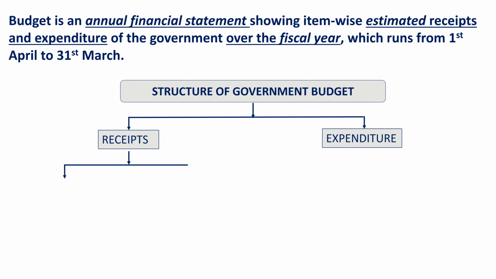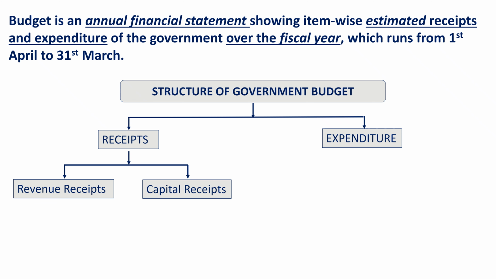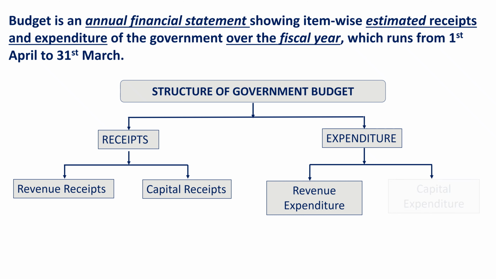There are two types of receipts, revenue receipts and capital receipts, and two types of expenditure, revenue expenditure and capital expenditure. In this session, we will be discussing in detail only the receipts aspect. So, we'll talk about revenue receipts with examples and capital receipts with examples.